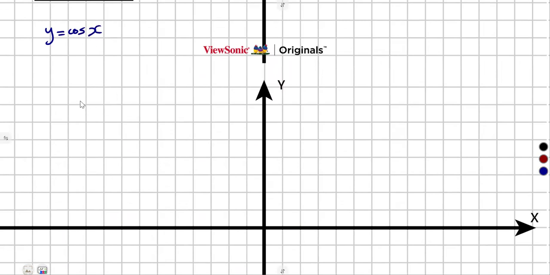This will be the graph that we are going to use to have other graphs. For the sake of revision, I'm just going to consider the same interval as before, from 0 to 360 degrees.